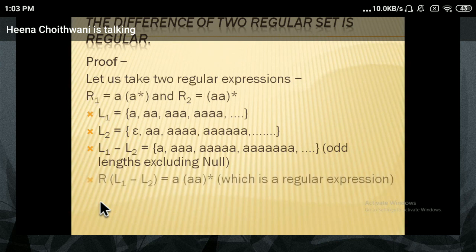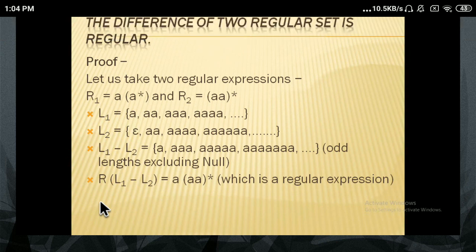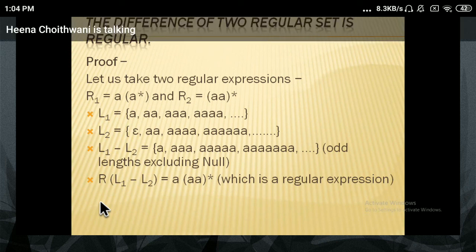And we can write this particular set as A concatenate AA star. A is regular, AA star is regular, concatenation of two regular is regular, right? So the difference of two regular sets is regular. Is it clear? Is it clear, guys?